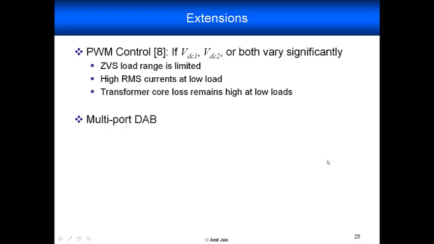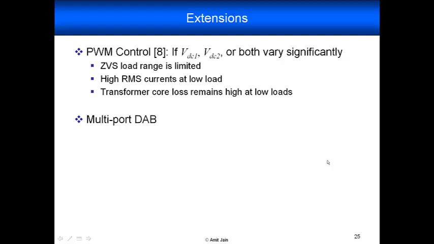So the dual active bridge converter has some limitations also. If the input and/or the output voltage vary significantly, then the ZVS load range is limited, so we don't get ZVS at low loads, and the load range for which we get hard switching keeps on increasing.